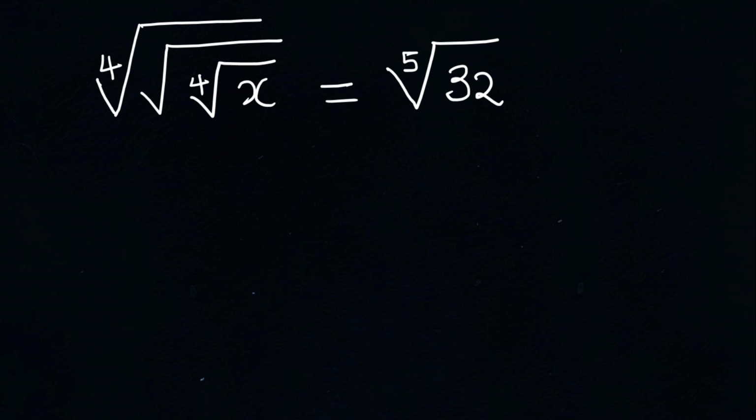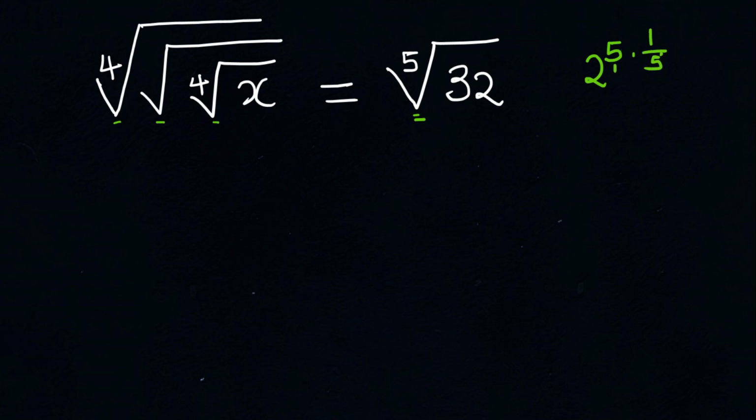So another way in which you can find the value of x is to simply eliminate the fourth root, the square root, the fourth root, 1 by 1. So first of all, I would like to simplify the right hand side, and as we explained in the previous step, we know that 32 is the same as 2 to the power of 5, and then we multiply with 1 divided by 5.